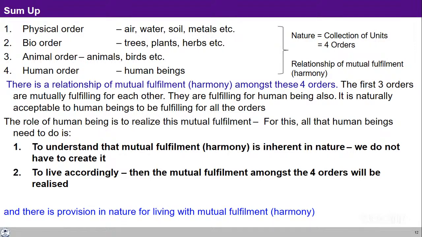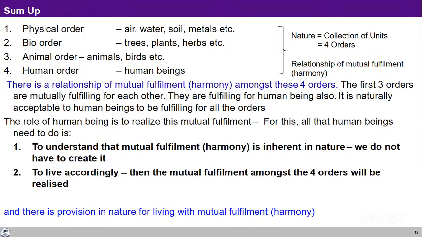So, what we need to do is understand harmony and live accordingly, then the mutual fulfillment among the four orders will be realized. And there is a provision in nature for living with mutual fulfillment, for living with harmony.